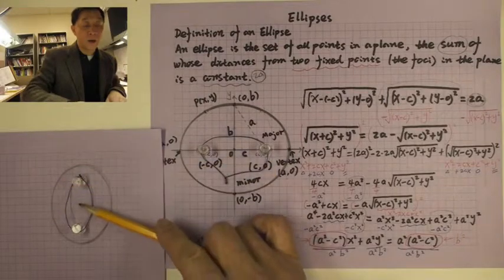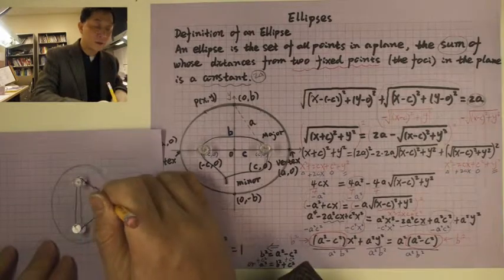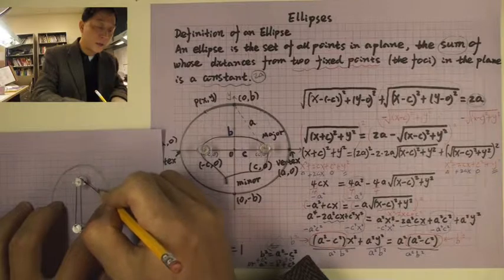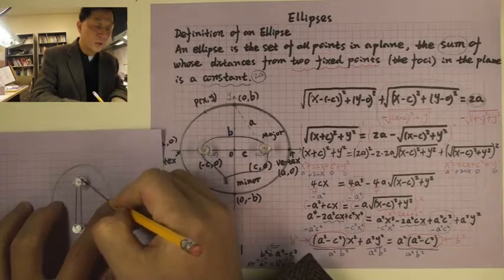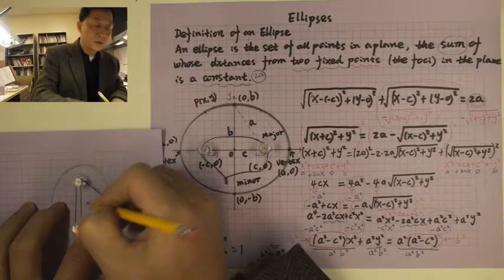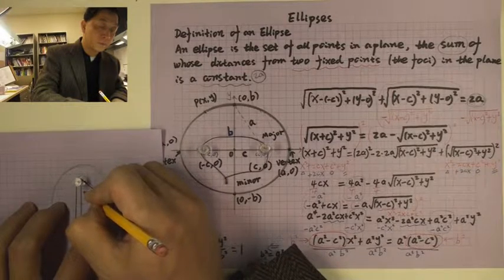The center is right here. So where is our A? A is always like that. Here is our A. Where is our B now? This is our B. And then C is from the center to here.